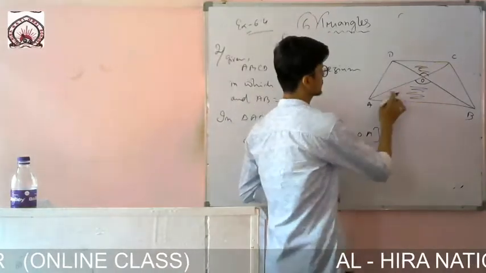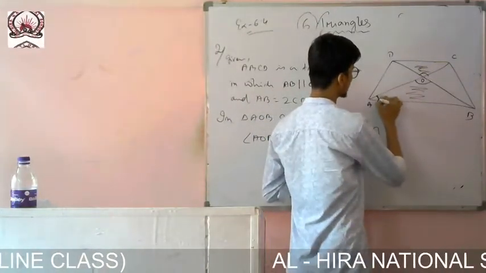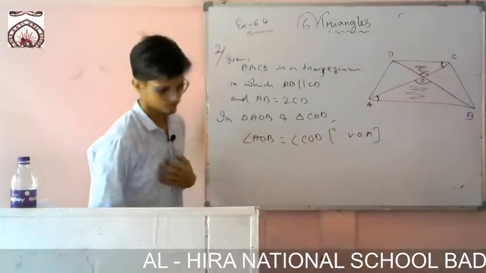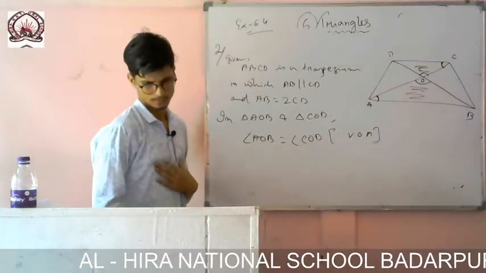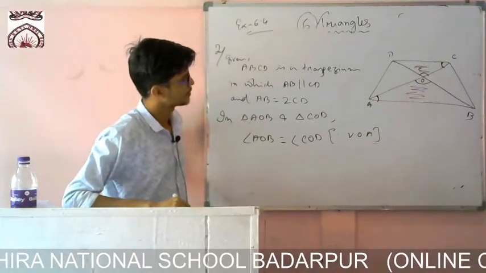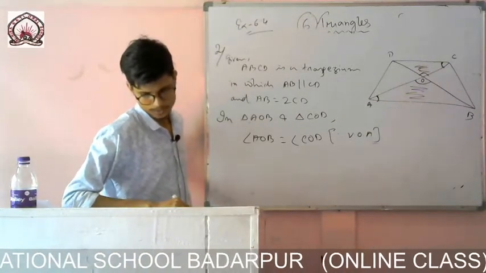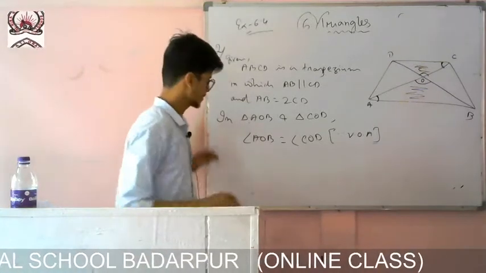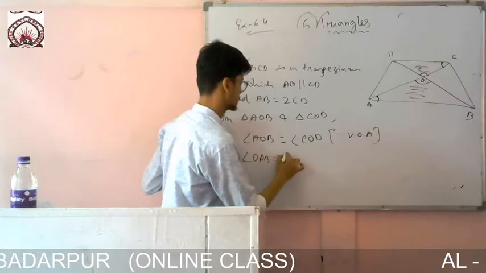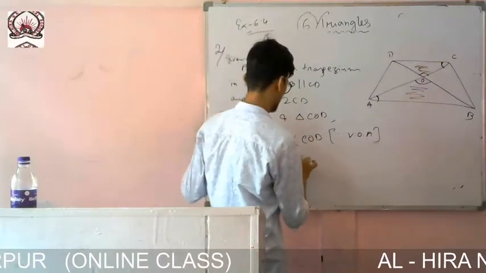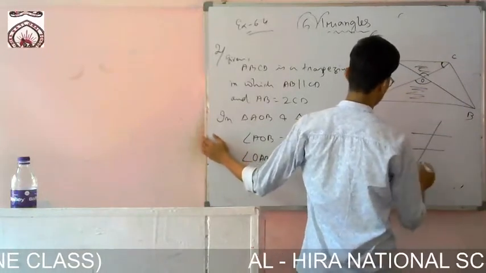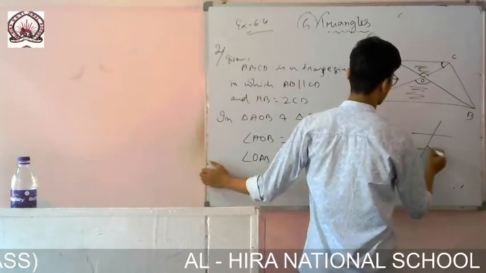And since these two lines are parallel, this angle will be alternate to this one. Angle OAB will be equal to angle OCD. The two lines are parallel and this is the transversal, so this angle is alternate.